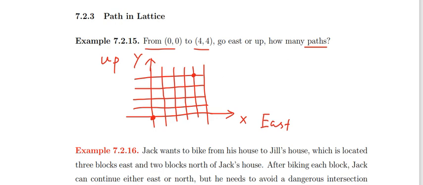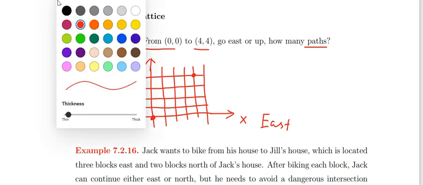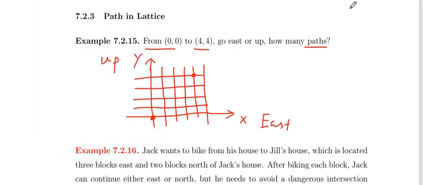So let's check out one of them. Suppose like this one. Could it be like this? This is one path, right? Go east, then north.